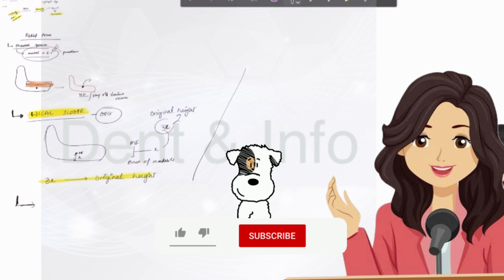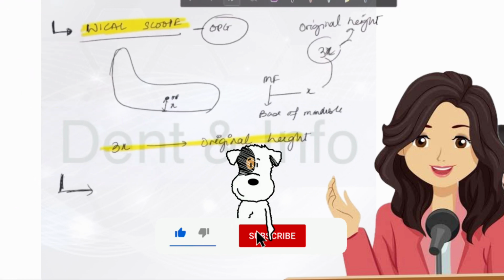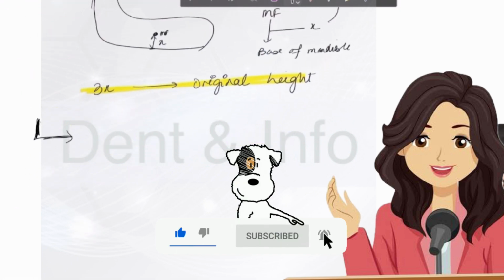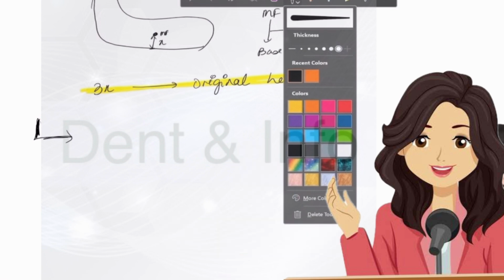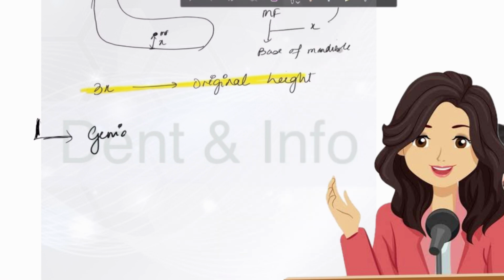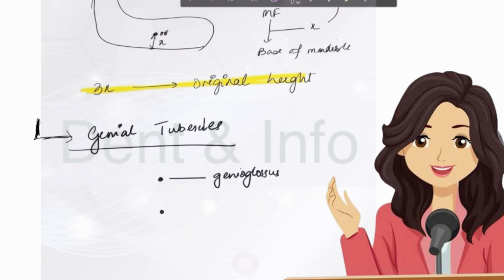Now coming on to the second relieving area that we see, our genial tubercles. This is very easy. Probably you all would know it. There are 2 in number. You have the upper one attaching to genioglossus and the lower one attaching to geniohyoid. Now, with your genial tubercles also, the same thing happens.